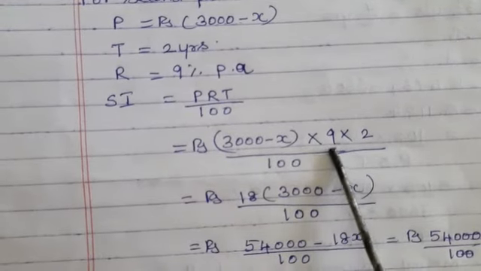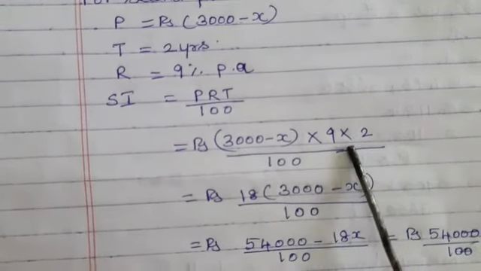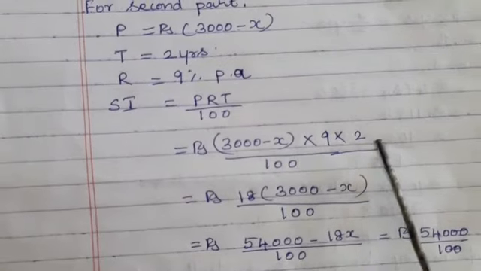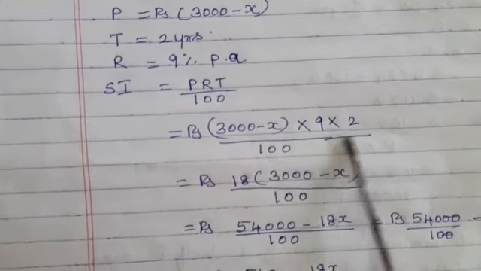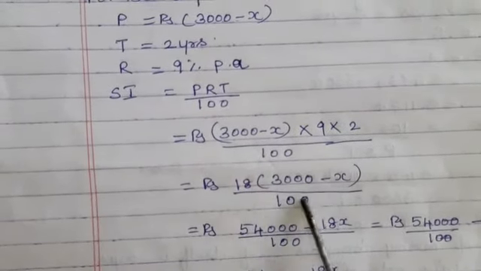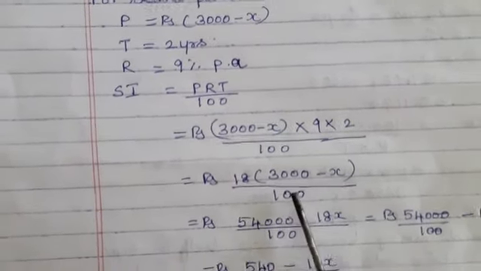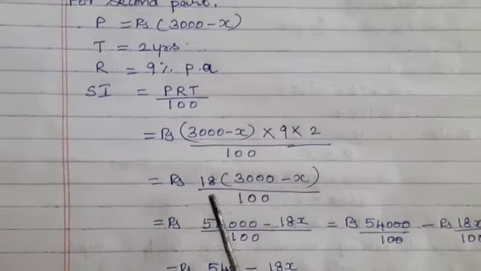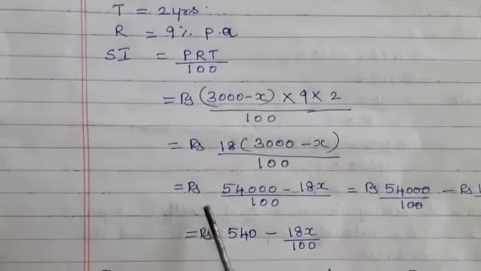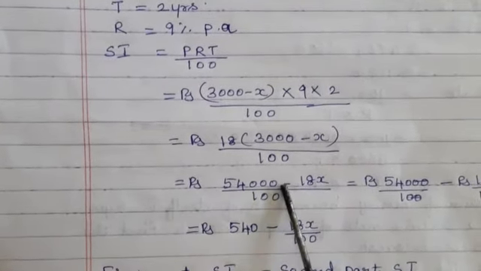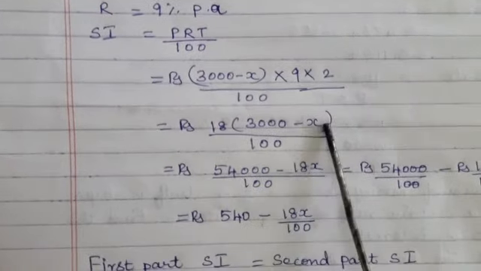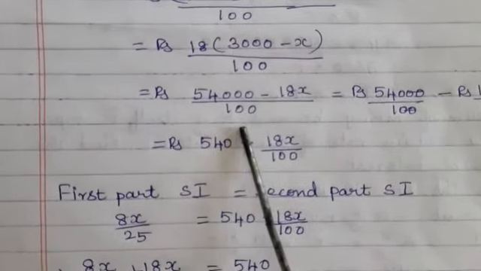Multiply by rate 9 by 100, multiply by time is 2 years. Now next step, rupees 9 2s are 18 into 3000 minus x in the bracket divided by 100. Now each term in the bracket will be multiplied by 18, which is equal to rupees 54,000 minus 18 into x, 18x divided by 100.